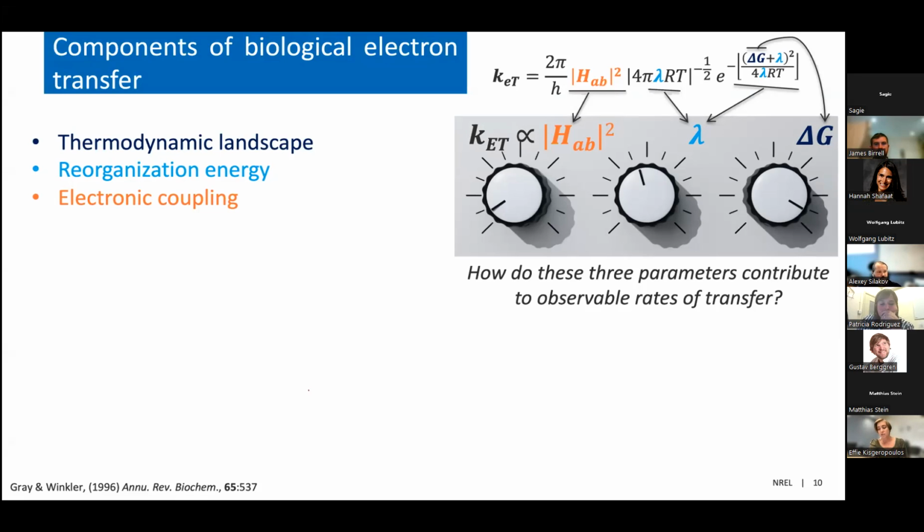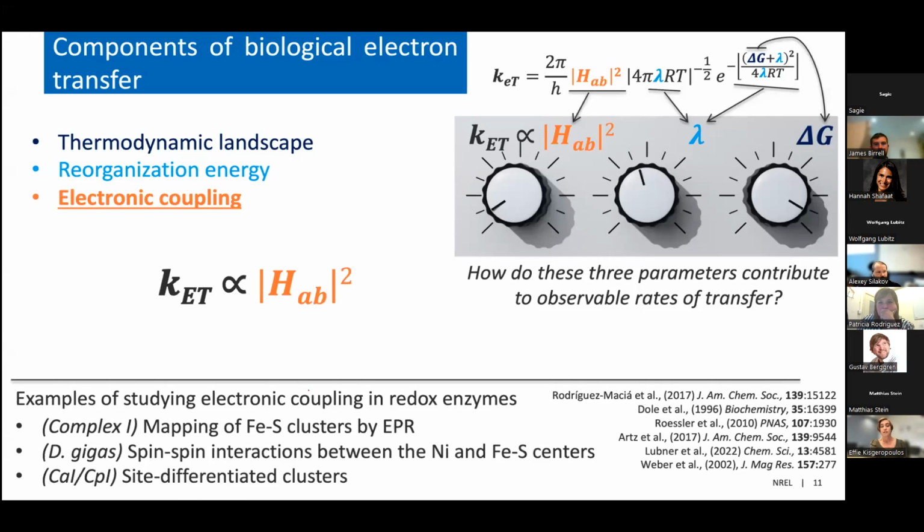This has been applied in a lot of redox enzymes, and specifically I want to draw attention to the study of electronic coupling in these enzymes. This has been done in complex I with mapping of the iron-sulfur clusters by EPR, and with spin-spin interactions between the nickel site and the iron-sulfur centers in nickel-iron hydrogenase.